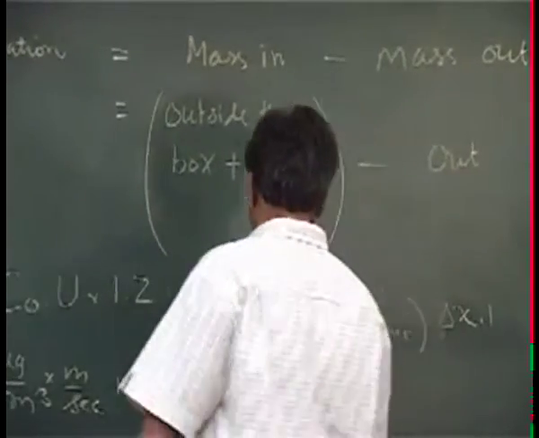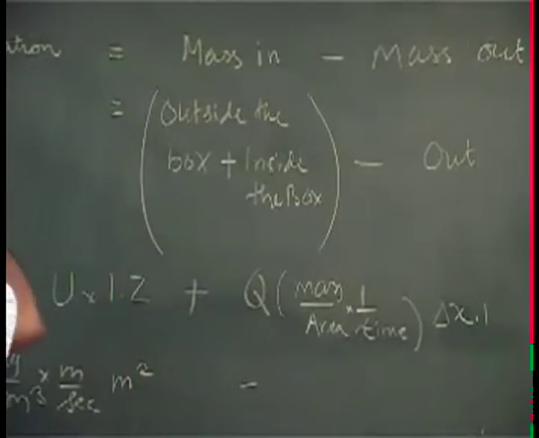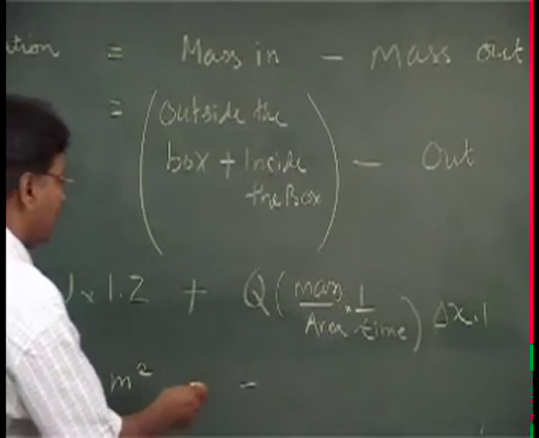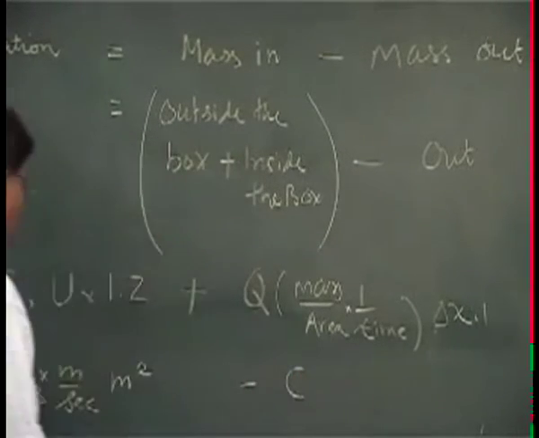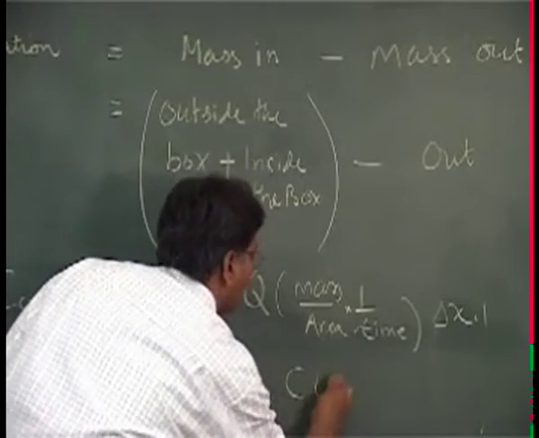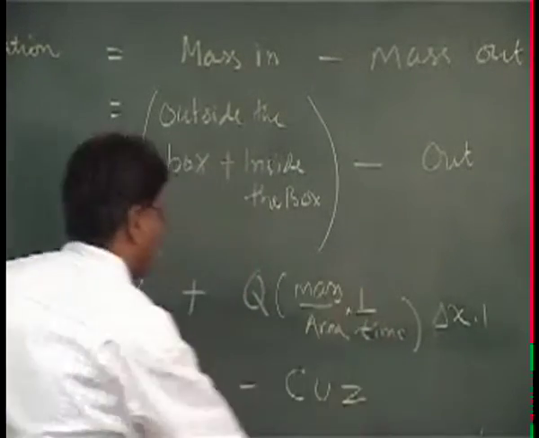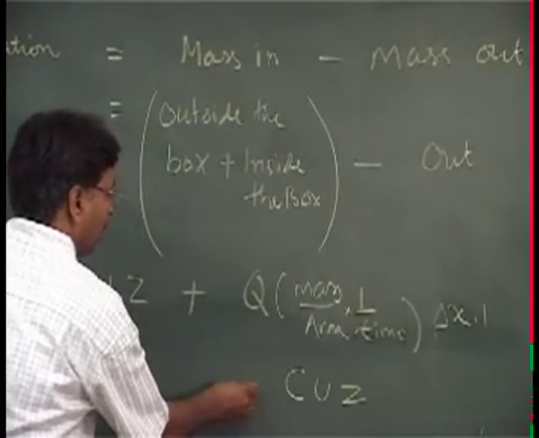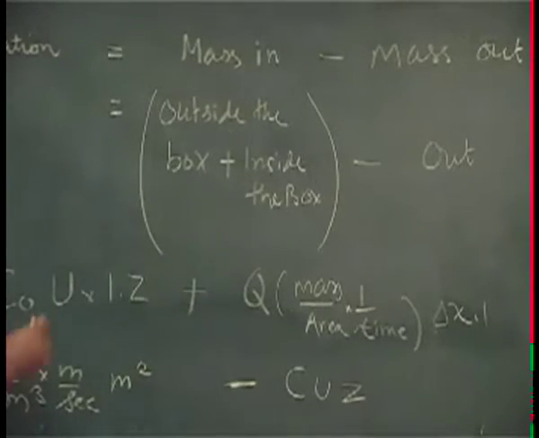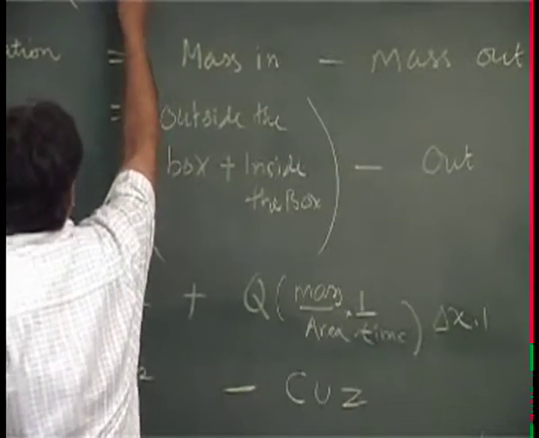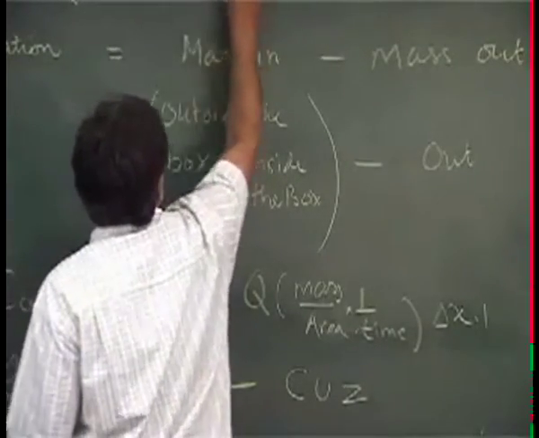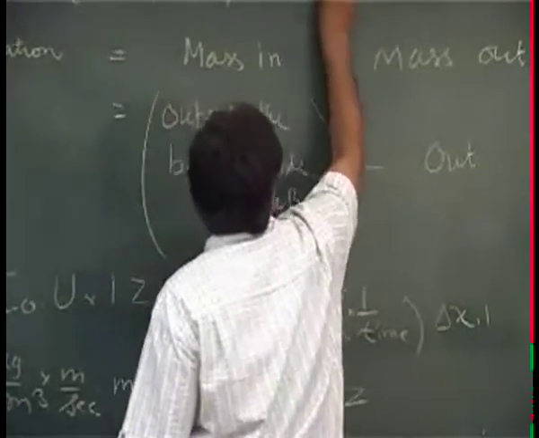Plus or minus, how much is going out is the concentration, considering the box as a completely mixed reactor. So C is the concentration in the box, because wind speed is the same. We are doing a mass balance considering the box as a completely mixed reactor.